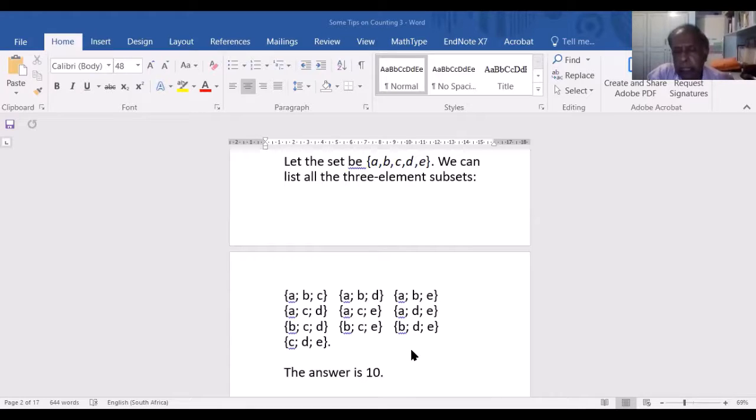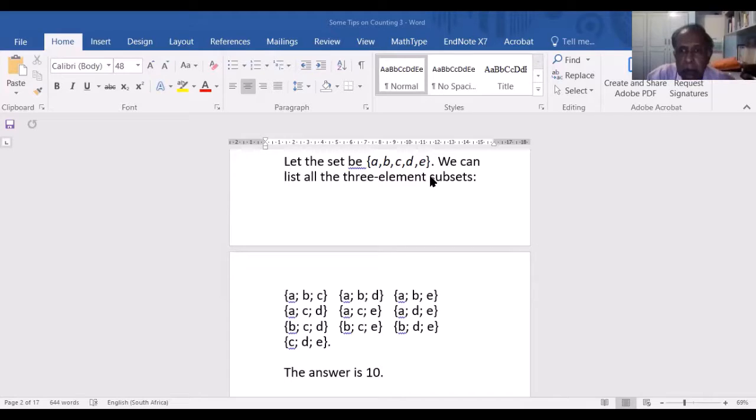Now, by the way, I'm not writing anything down here, but if you look carefully, you will see that in this case here, for instance, I've left out 2 elements, namely D and E. Here too, I've left out 2 elements, right? C and E. In each case, you are leaving out 2 elements.